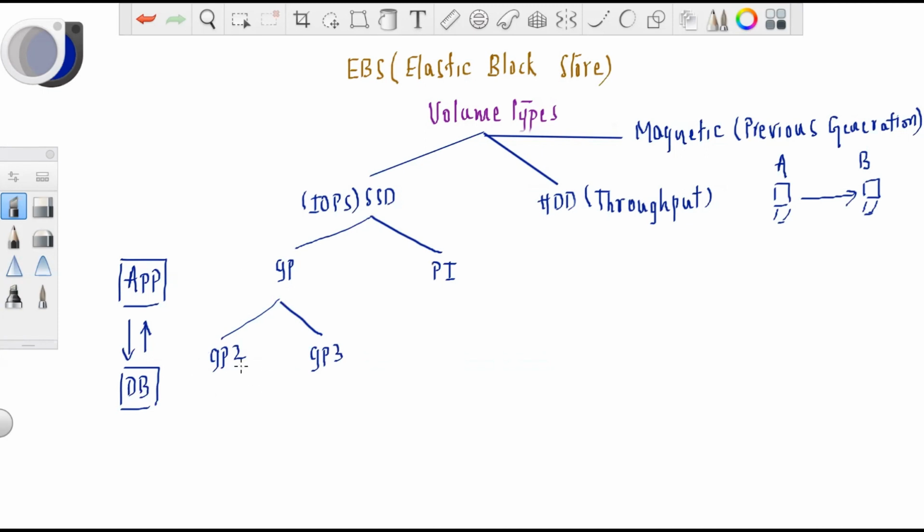GP2 volumes can burst. Let's consider an example to understand the burst. Suppose you have a GP2 EBS volume with a baseline of, let's say, 100 IOPS.